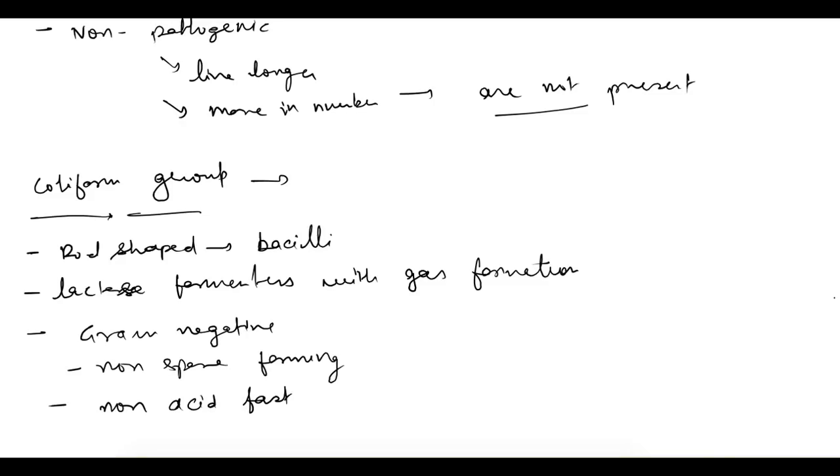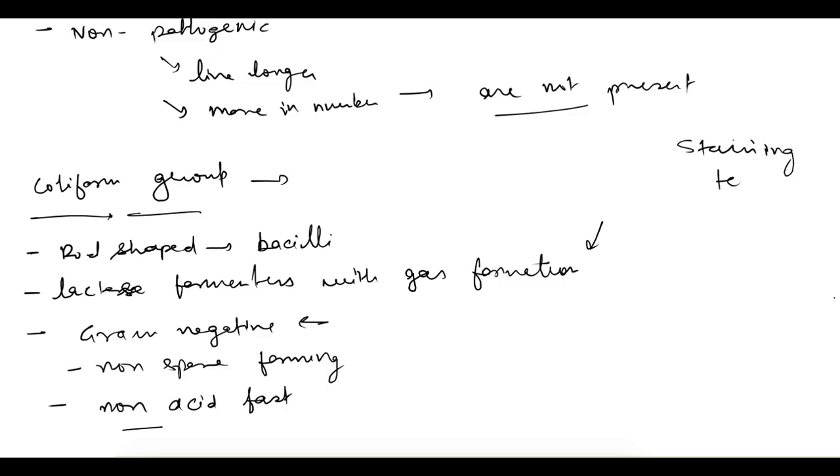I can just tell you in brief what these terms are, because all are related to biology. Lactose fermenter simply means that if you put them in milk, lactose example is milk, they will ferment the milk and gas will evolve. Gram negative, gram positive, or acid fast, non acid fast, these are staining techniques.